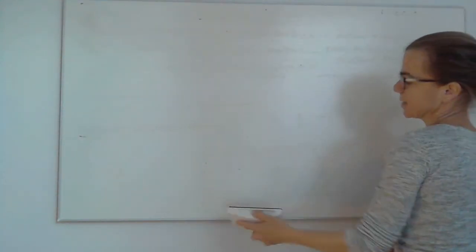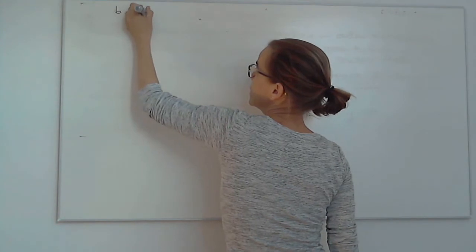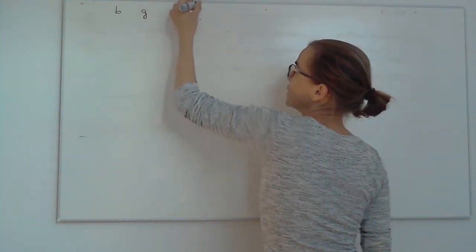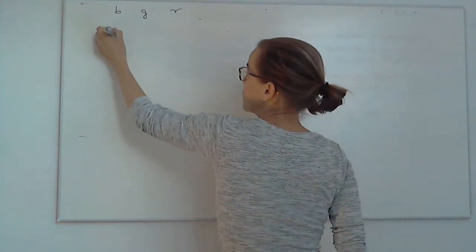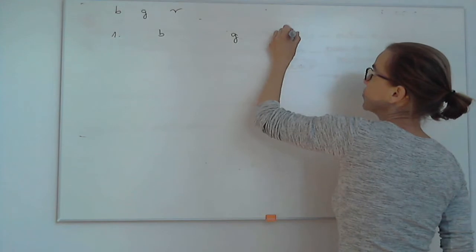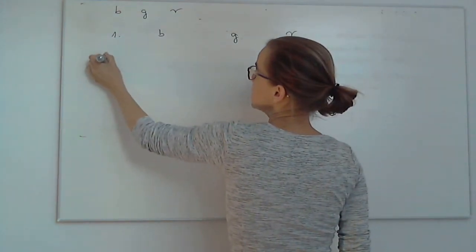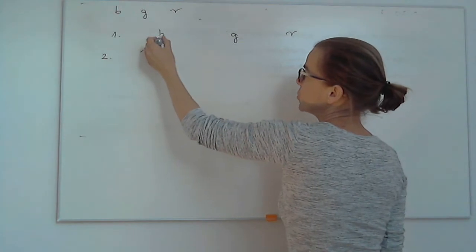Okay, so let's see the example. Let's say we have the 3 basic colors, blue, green, and red, and you have to arrange them in a certain order. So in the first slot, you can take any of the 3. Then comes the second slot, and obviously if you choose blue, then you have 2 choices afterwards.